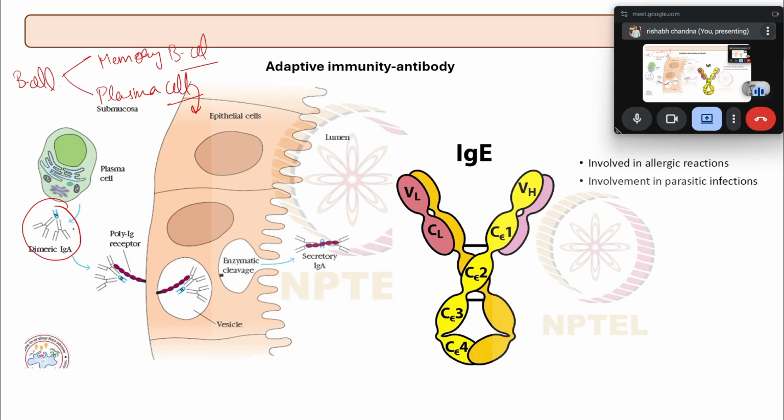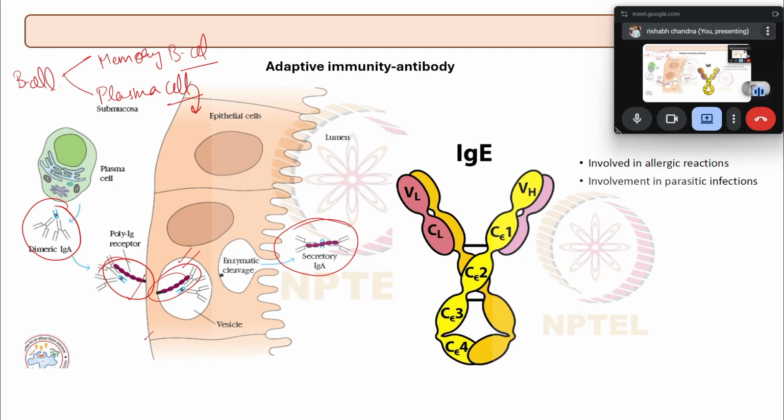Now this dimeric IgA will bind to a poly-Ig receptor that is present on the epithelial cells of the gut. After this, the cell will engulf this antibody along with the receptor, and it will be in a vesicle. Now this vesicle will contain a secretory component for the IgA, and after the enzymatic cleavage, this receptor will get bound to the secretory IgA, and it will be released into the lumen.